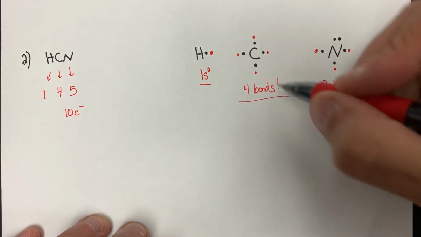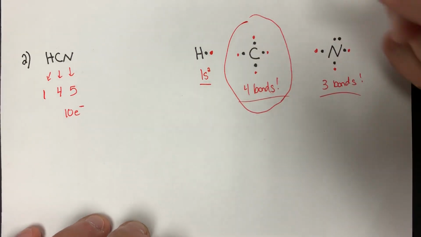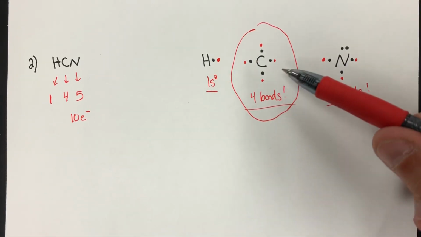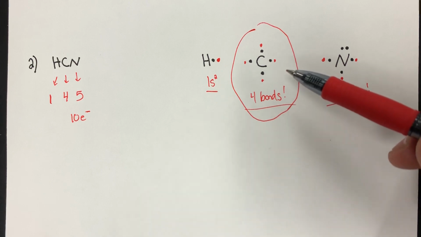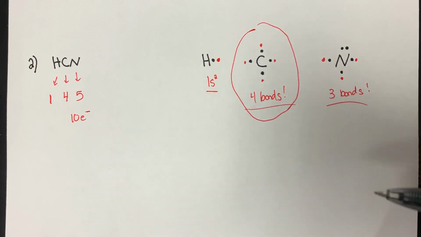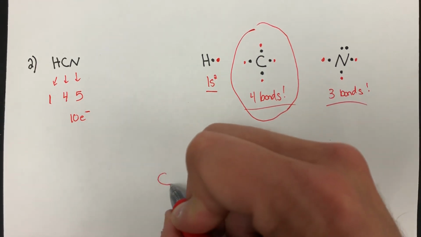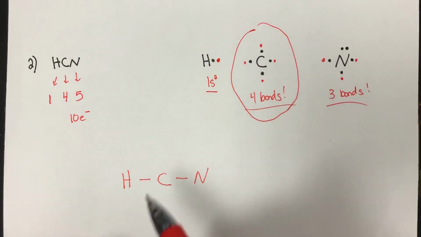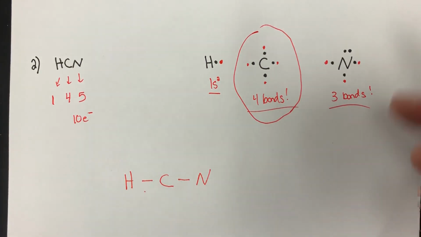So with that in mind, I have a suspicion that carbon is going to be our central atom. It has the capacity to form more bonds. Carbon very often is a central atom within molecules, okay? So at this point, when I go to construct my skeleton, I have carbon in the middle, hydrogen over here, nitrogen over here. Now, hydrogen's already done, right?